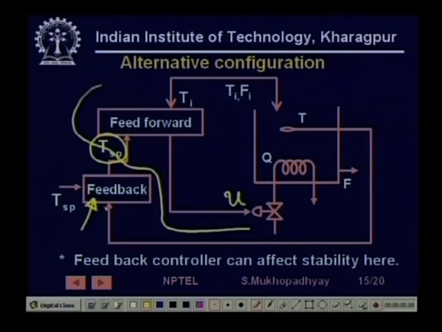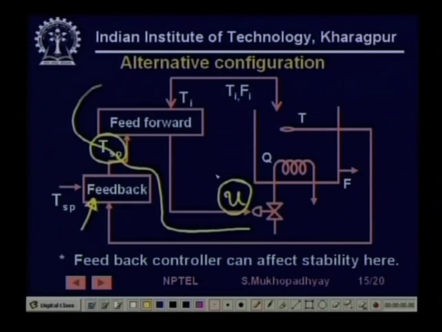So what will happen is that the feedback controller now provides a set point to the feed forward controller. So if again due to feed forward action this input is not proper, then there will be some discrepancy between T and T set point.